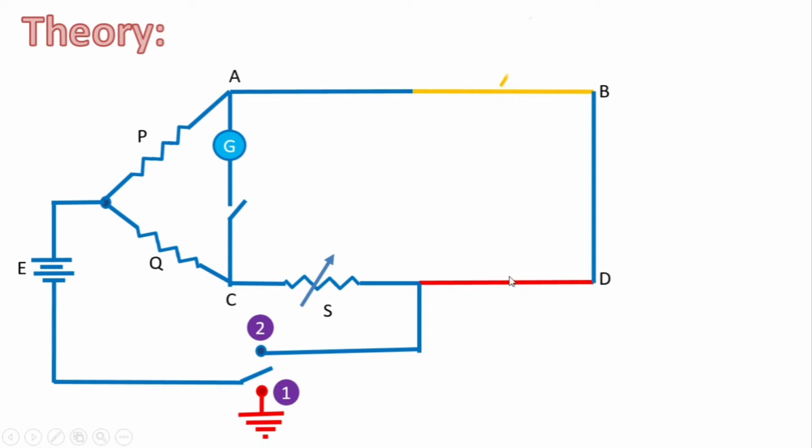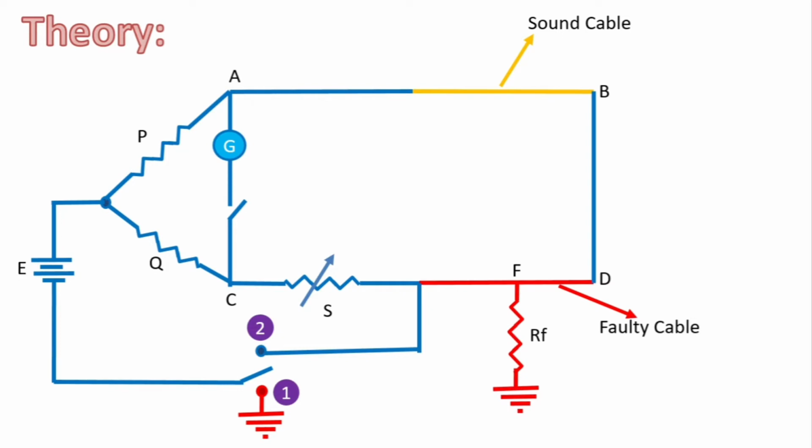Let us say this is point F where the fault occurs. This is RF, the resistance of the fault.